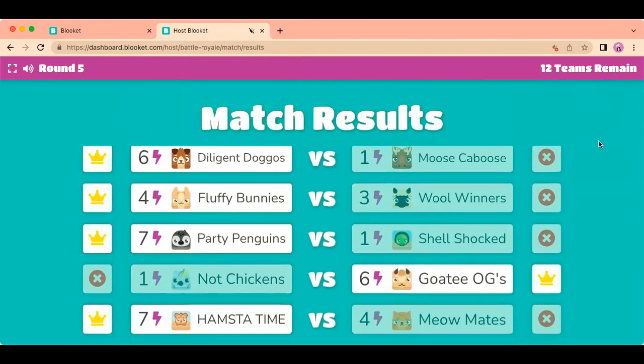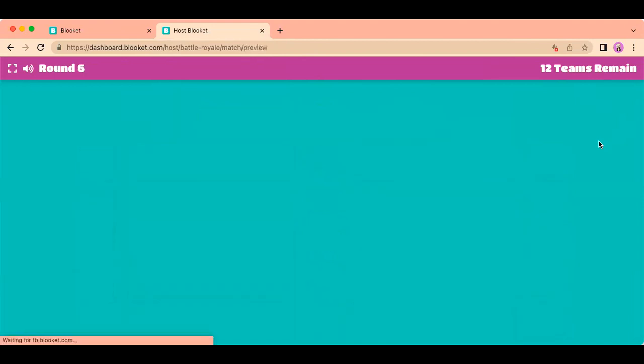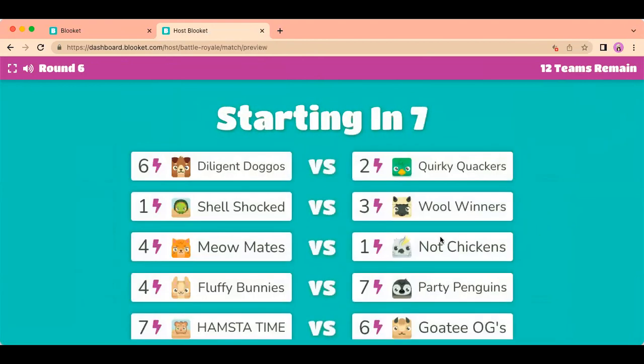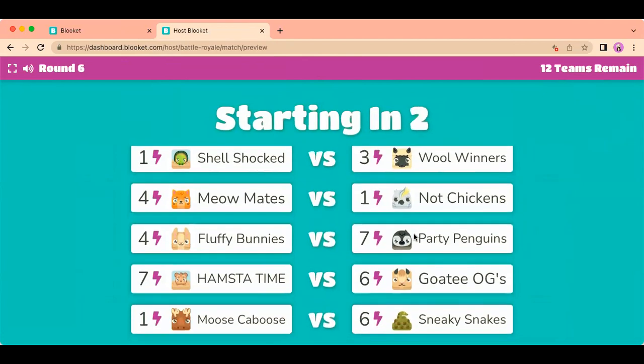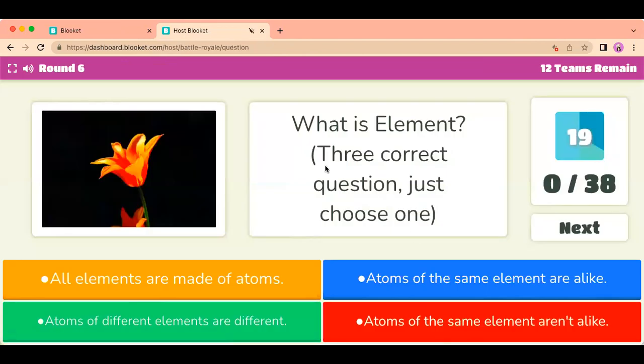All right, so we have someone going to leave the game soon because we have 1 energy left. Not chicken, buck it up. Shao Shock. What is element?